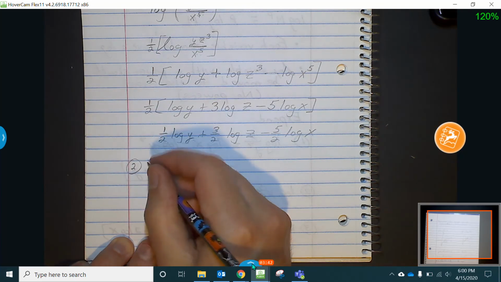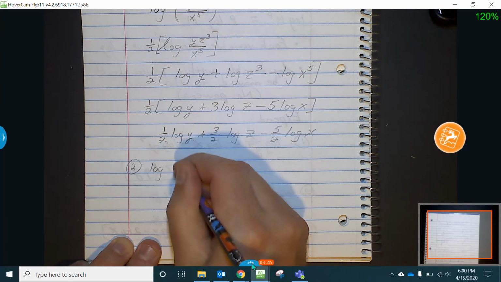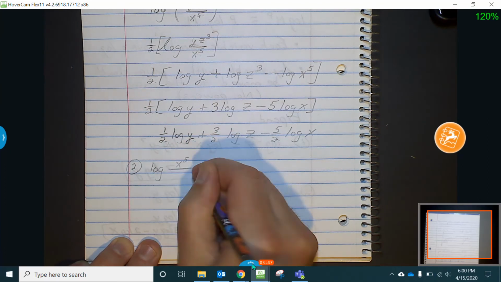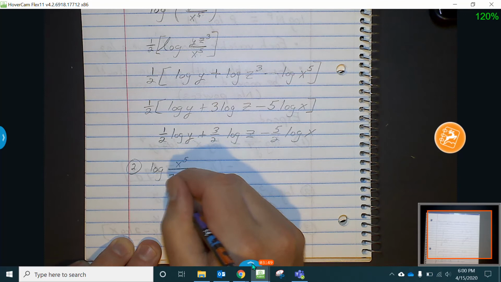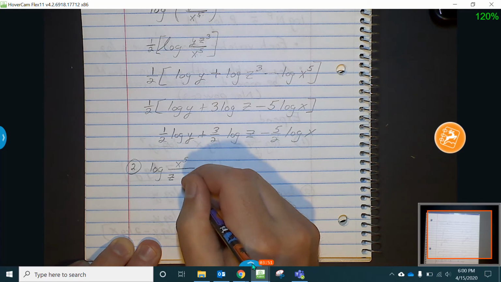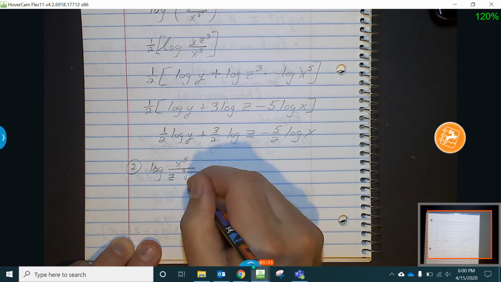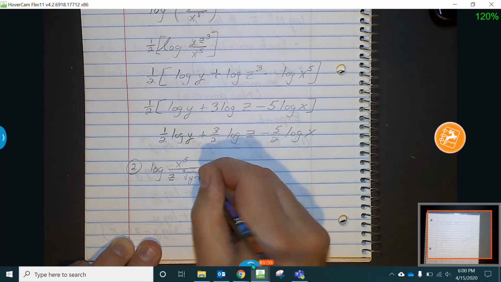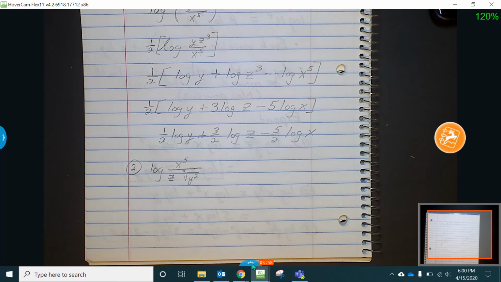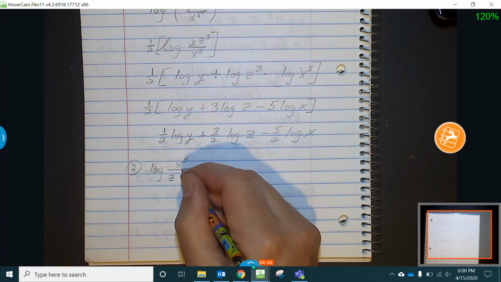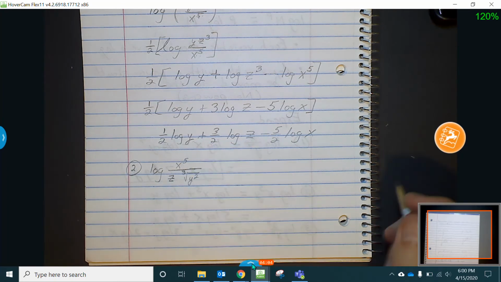Number 2, log x to the fifth over z times the cube root of y squared. So it's a 3 there, the cube root of y squared.